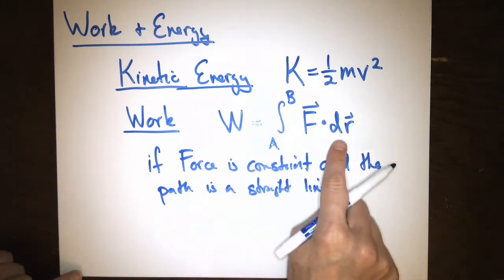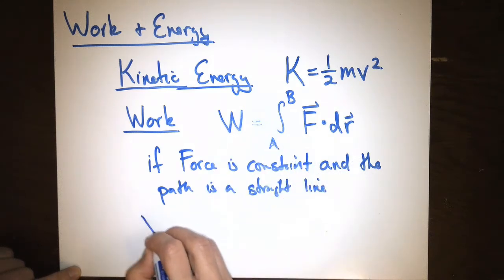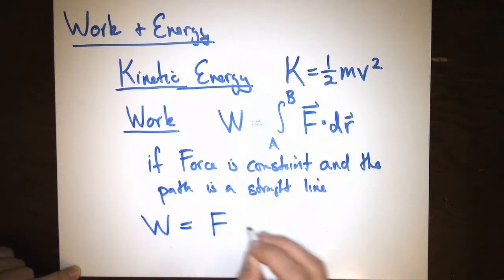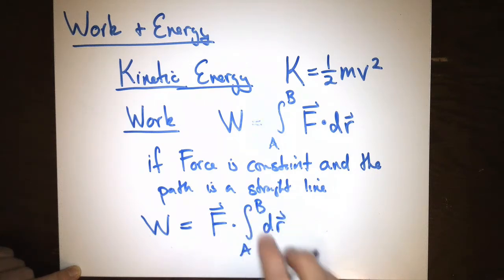Then we can really simplify this. So first of all, if force is a constant, then constants can come out of integrals. So this will be force dotted with this path integral from A to B.